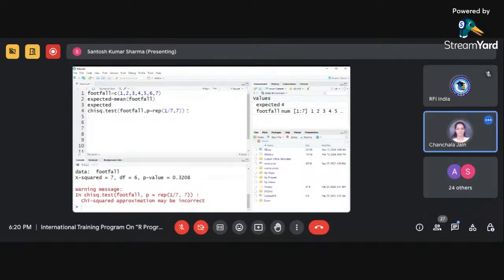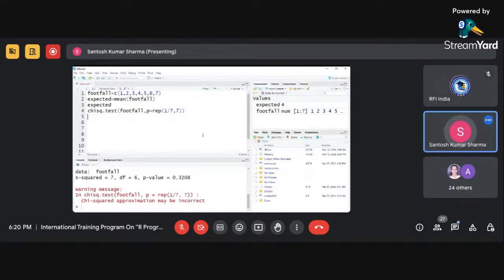Now you can read. I think you're getting the answer, right? P value is greater than 0.05. In that case, you will hold your null hypothesis. Yeah, we will accept the null hypothesis. We will hold.